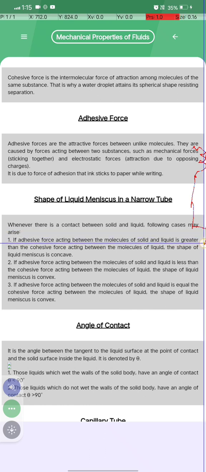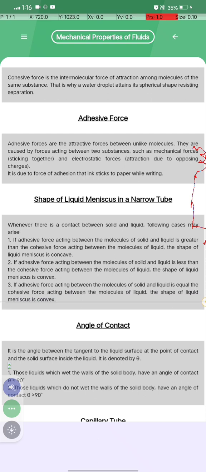If the adhesive force acting between the molecules of the solid and liquid is greater than the cohesive force acting between the molecules of the liquid, the shape of the liquid meniscus is concave. If the adhesive force is less than the cohesive force, the shape of the liquid meniscus is convex. And if the adhesive force is equal to the cohesive force, the shape of the liquid meniscus is plane.